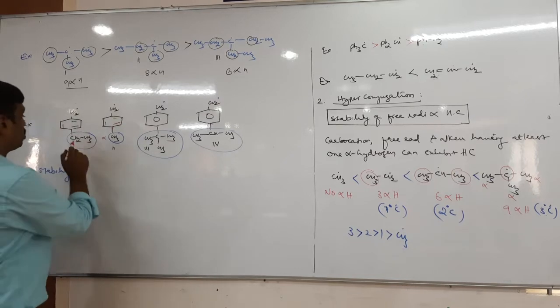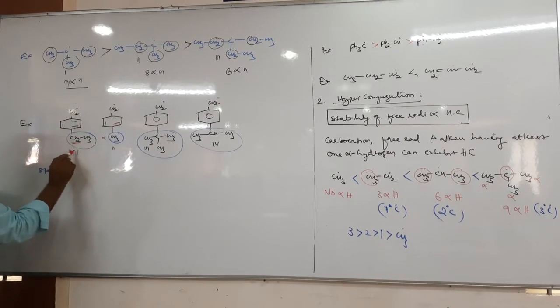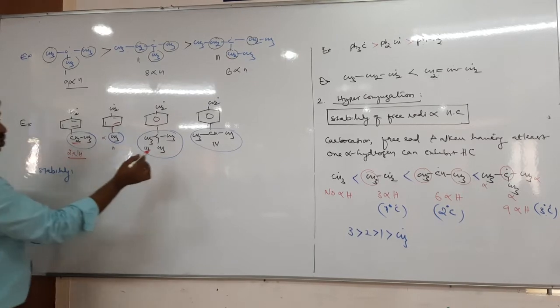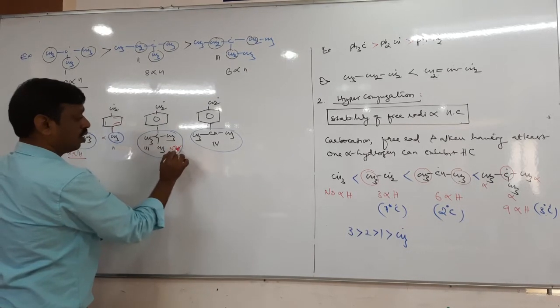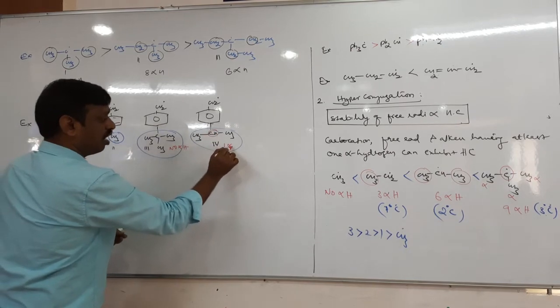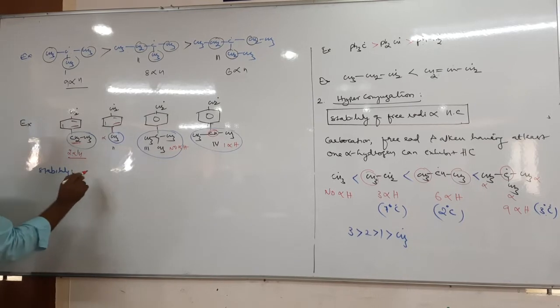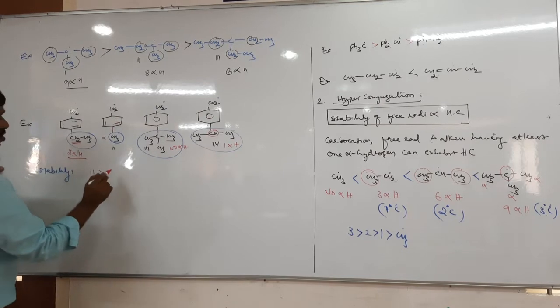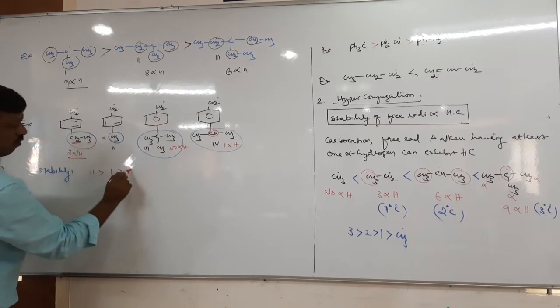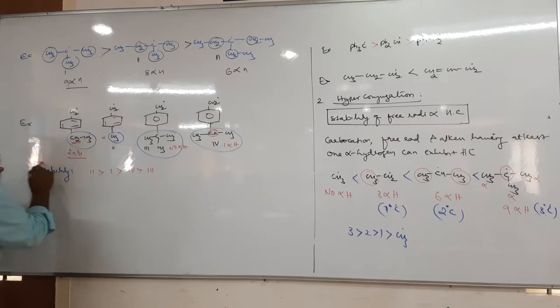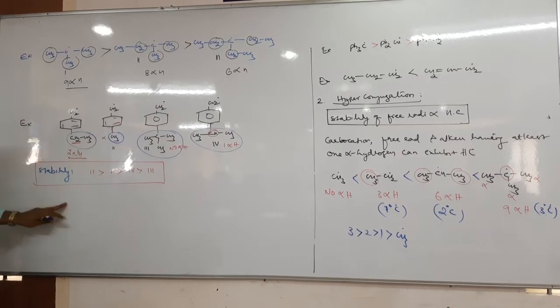Next there are only 2 alpha hydrogens, here 1 alpha hydrogen, and here no alpha hydrogen. Wherever hyperconjugation is more, electron releasing effect is more and stability is more. So the second is most stable, then the first, then the fourth, then the third. The same order we studied in carbocation, because of hyperconjugation.